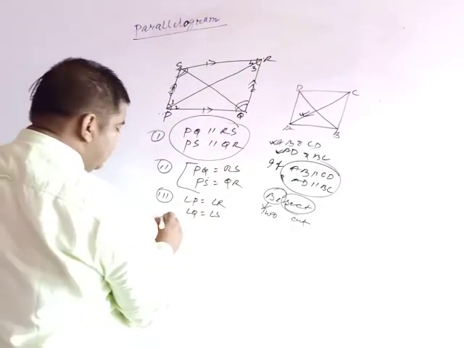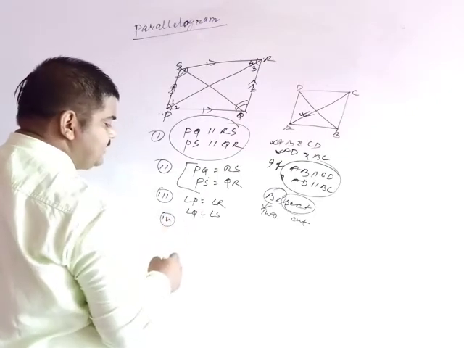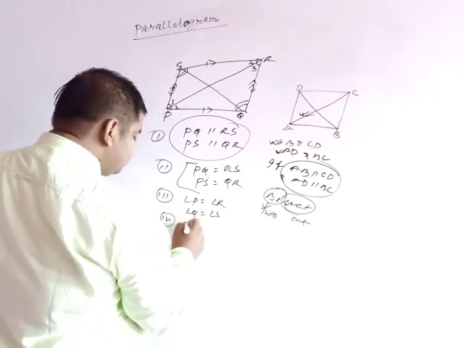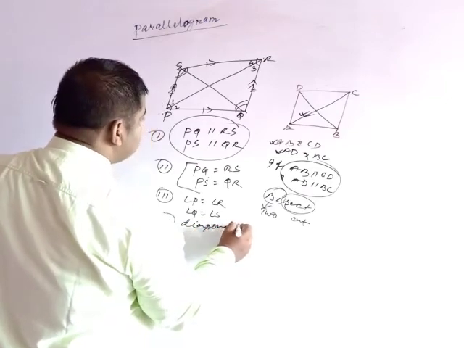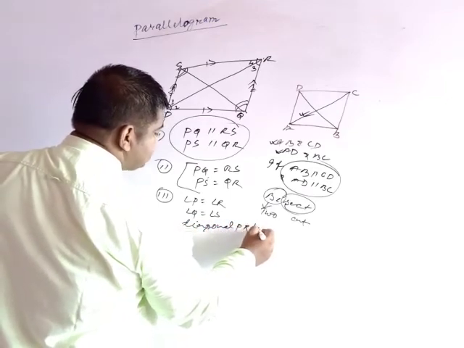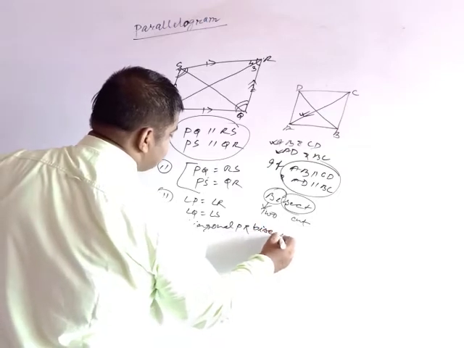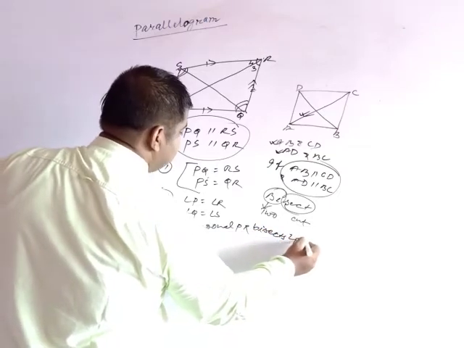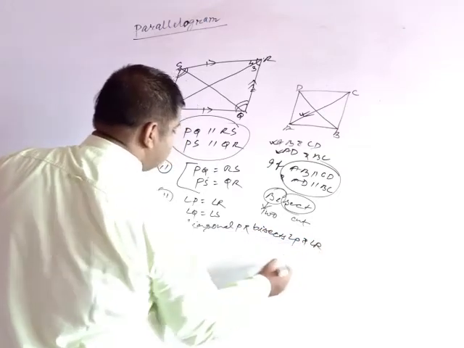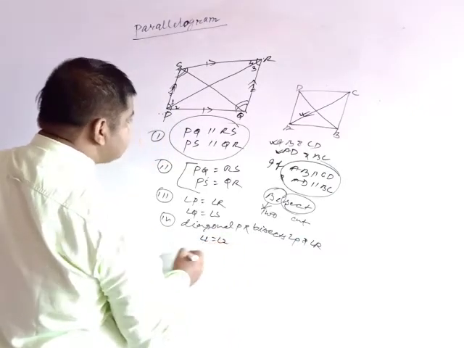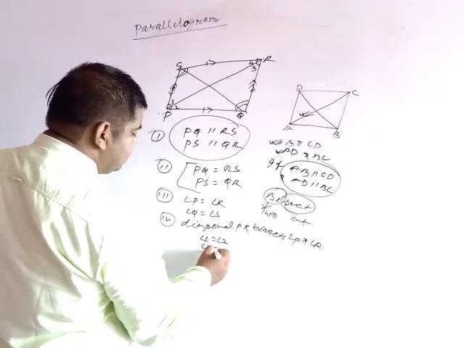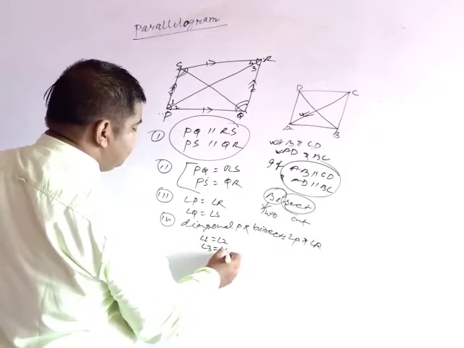The fourth characteristic that you can mention is that diagonal PR bisects angle P and angle R, and this is why angle 1 is equal to angle 2 and angle 3 is equal to angle 4.